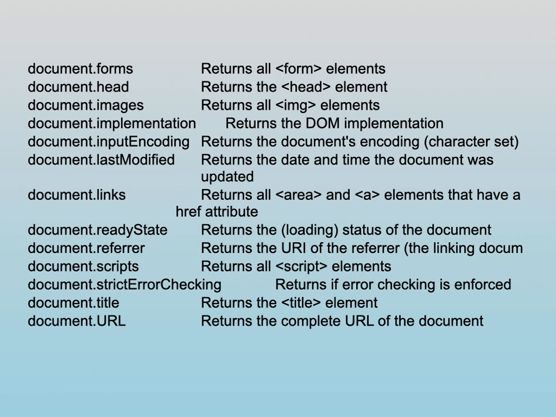Document.links retains all area and anchor elements that have an href (hyperreference) attribute. Document.readyState retains the loading status of the document. Document.referrer retains the URI of the referrer, the linking document. Document.scripts retains all script elements. Document.strictErrorChecking retains whether error checking is enforced. Document.title retains the title element, and document.URL retains the complete URL of the document.